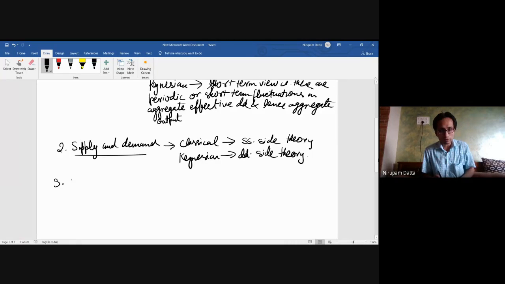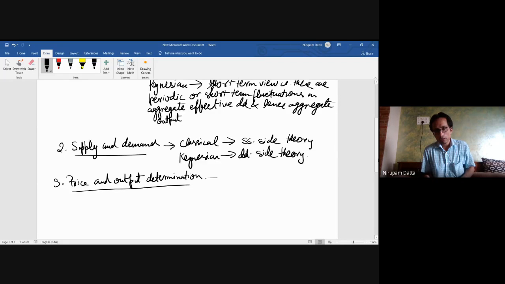Now the third point is price and output determination. According to the classical theorists, since the output level is always at a full employment level, which is dependent on exogenous factors like the level of employment and technology, demand in the economy actually determines the price level.